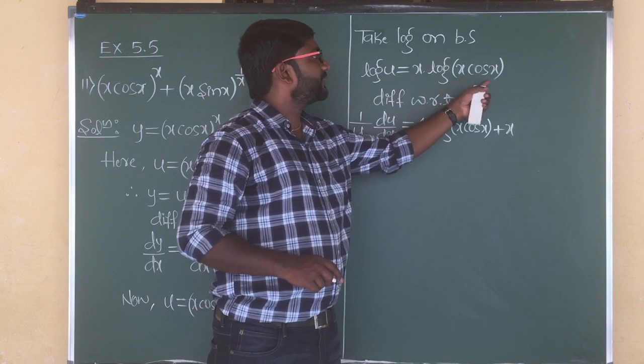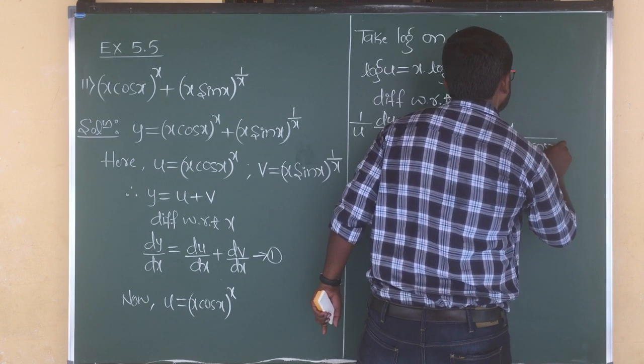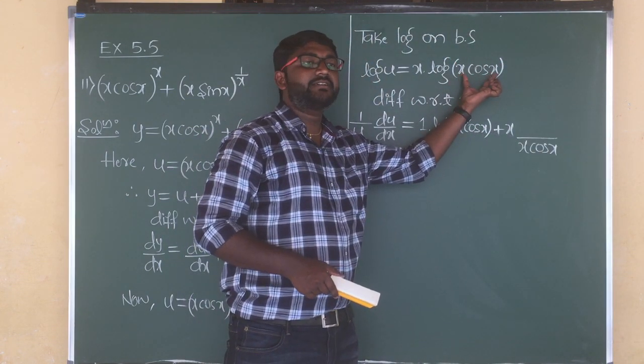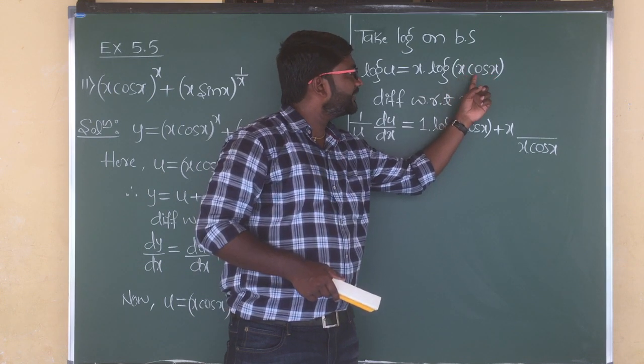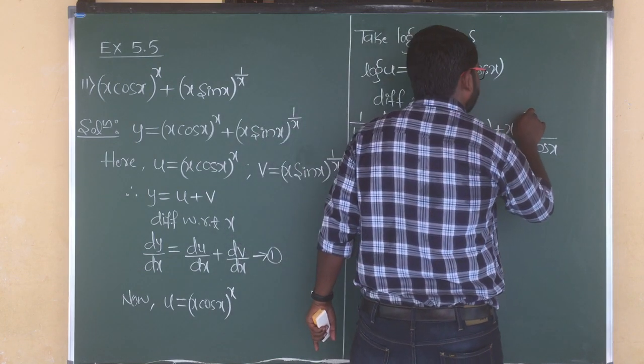Derivative of log of x cos x is 1 by x cos x into the derivative of the inside function. We have to apply the product rule here for x cos x. So now I put the bracket here.